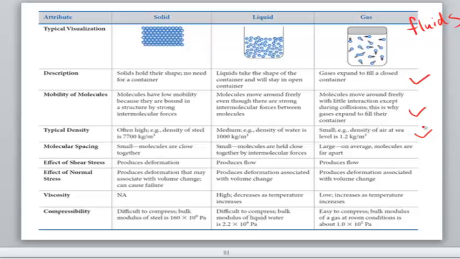Many of the liquids that we study in this class are going to be modeled as incompressible. So in that case, we're going to assume that the density, the symbol which we use is that Greek letter rho, is roughly going to be equal to a constant. Okay, and that's going to be true for liquids that we model.